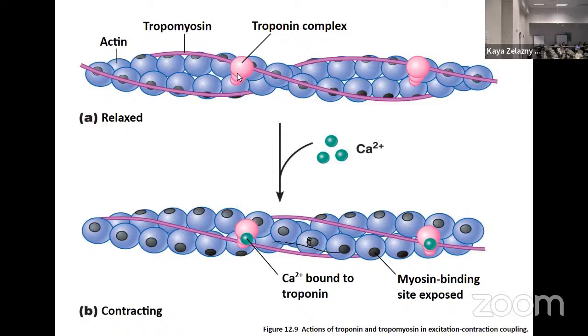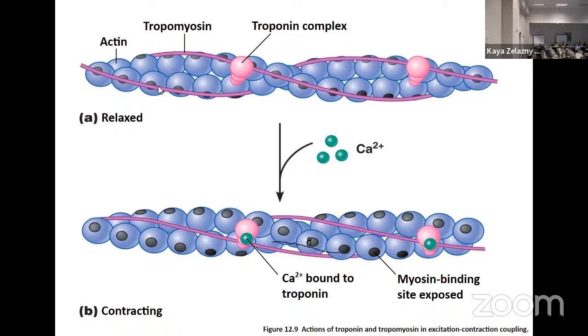Okay, so I don't particularly care if you know the three parts of the troponin complex, although there are three parts, but it is important to know that when calcium binds to it, it creates this shape change and therefore the change in what our actin can do, right? So here we see at the top that troponin complex just hanging out, no calcium.